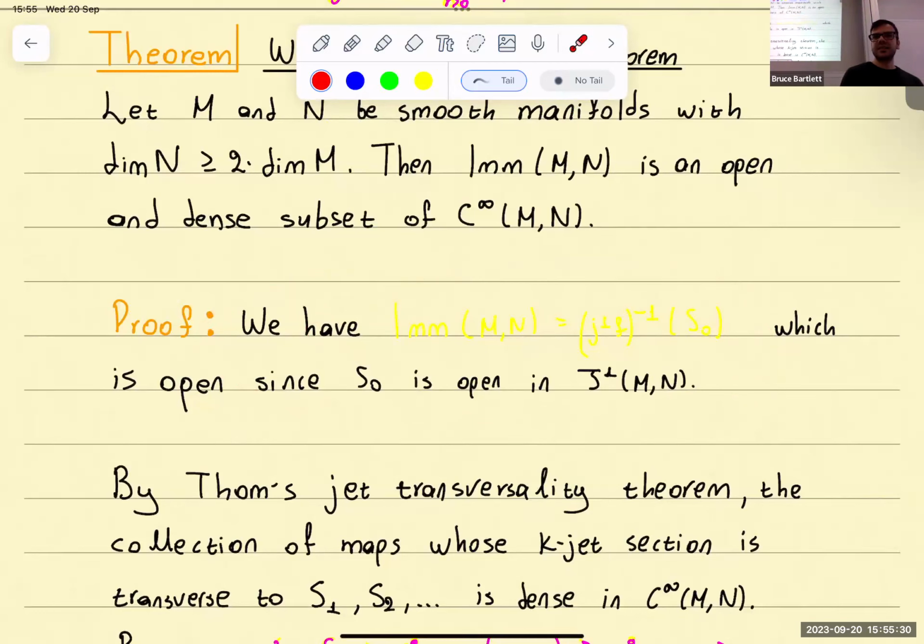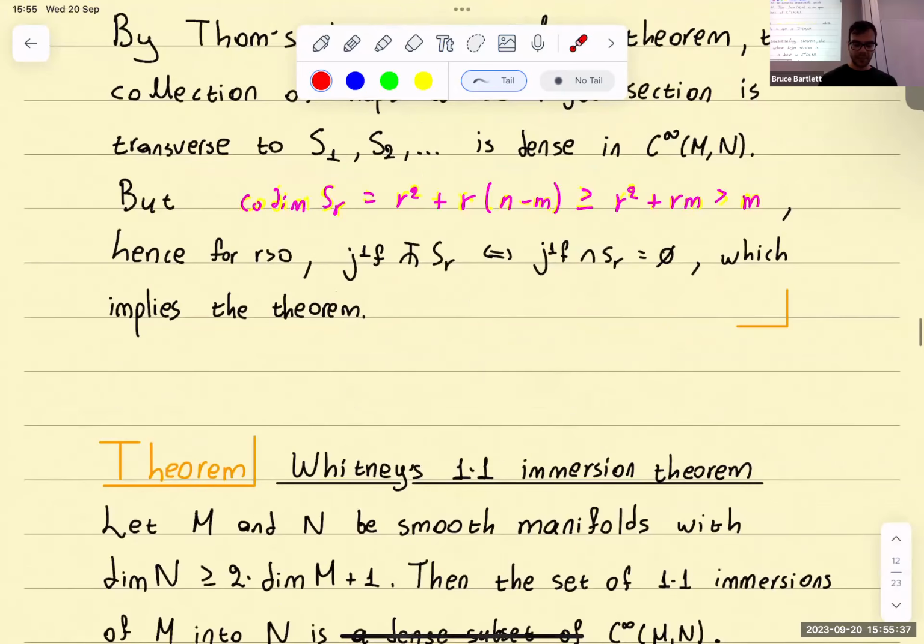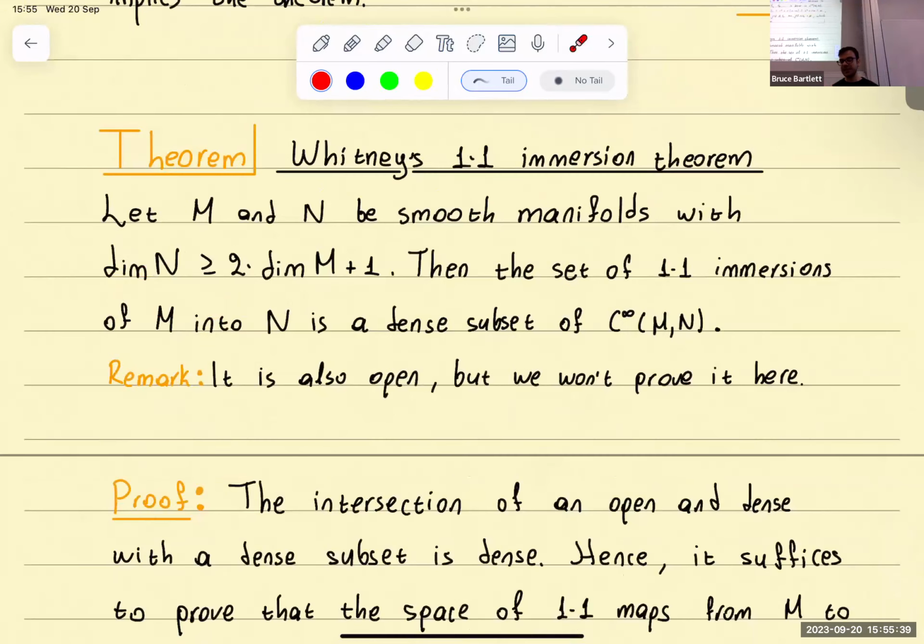So is it relatively clear how things work here? We can actually do slightly better. Well, better, I don't know, we are relaxing the condition, so that might not be better for you, but we can actually think about the sets now of one-to-one immersions, not just any immersions.